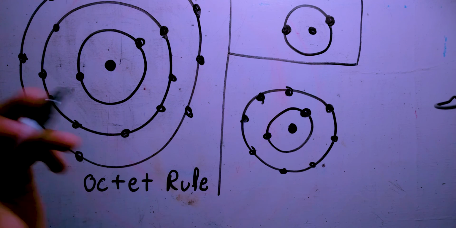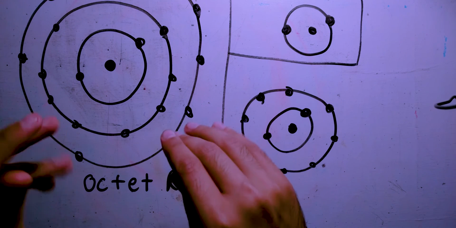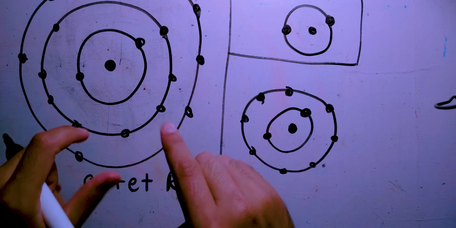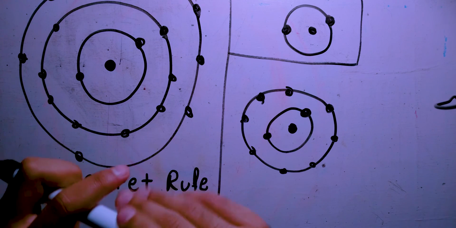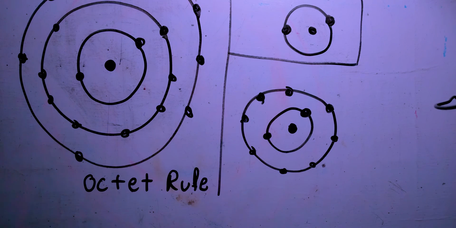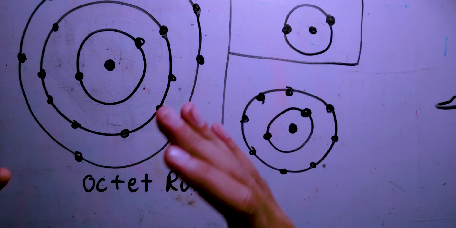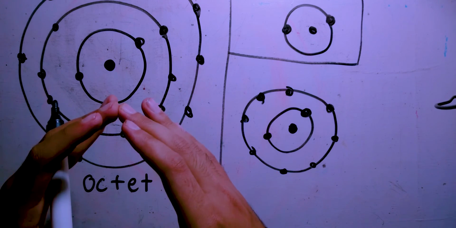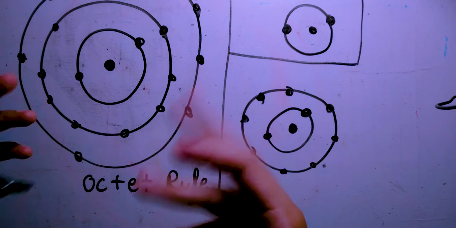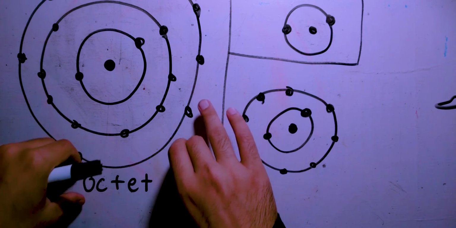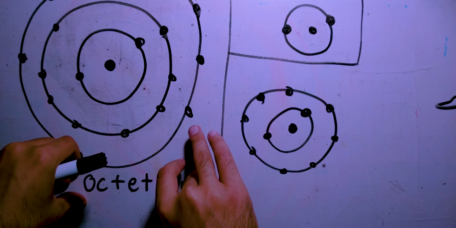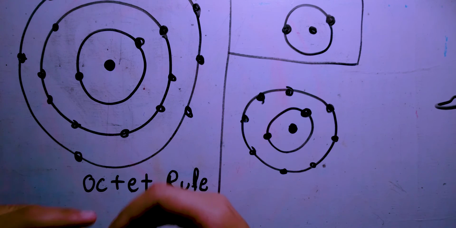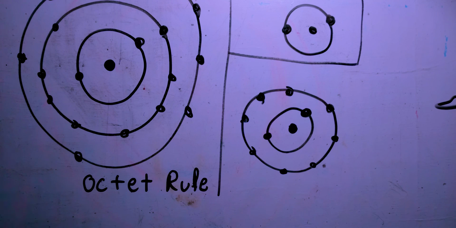As in the case of, let's say, nitrogen, which has only 5 electrons in its outermost shell, it would want to somehow get 3 electrons from somewhere to make its outermost shell have 8 electrons, and that would make it much more stable. That is the octet rule, which simply states that every atom loves 8 electrons in its outermost shell. So that is it for this video, and I hope you understood the octet rule.